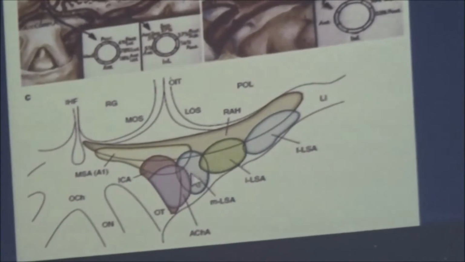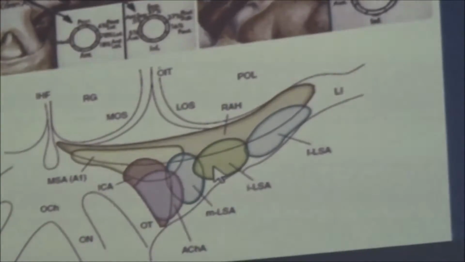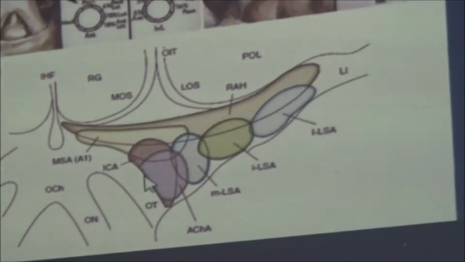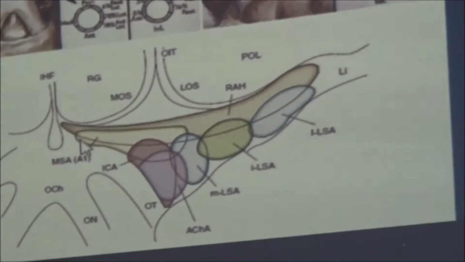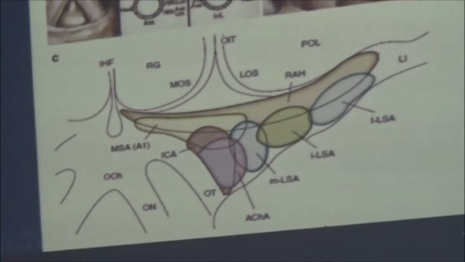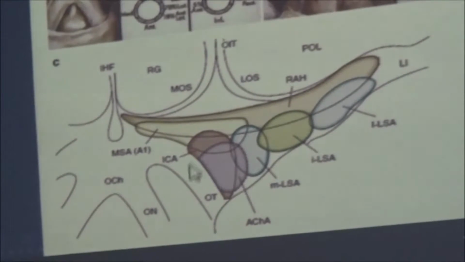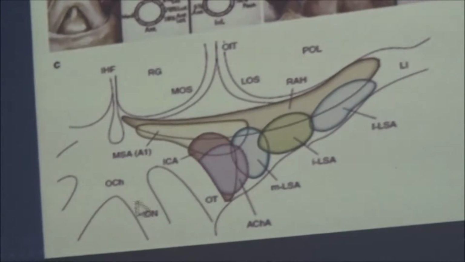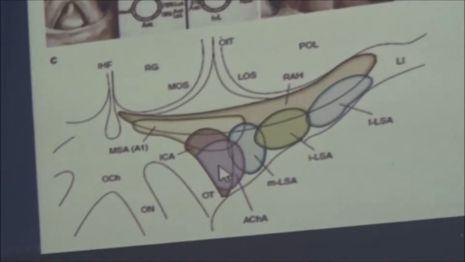Nobody knows what the overlap between these is because there's not a very definitive study about that. Then you see the medial striate arteries, the ICA perforators, and the anterior choroidal perforators overlapping here at the level of the optic tract. The optic nerve has been reflected inferiorly, so there's a lot of overlap between these two perforators.